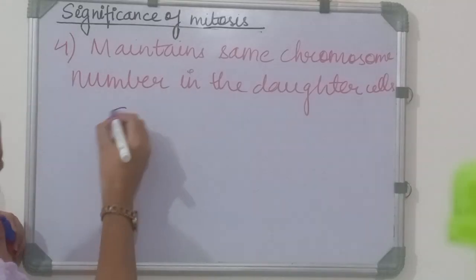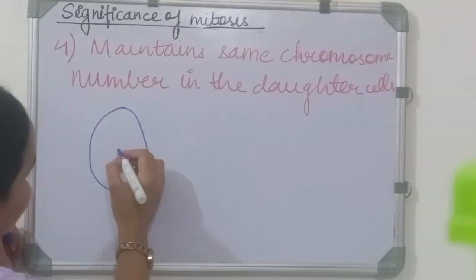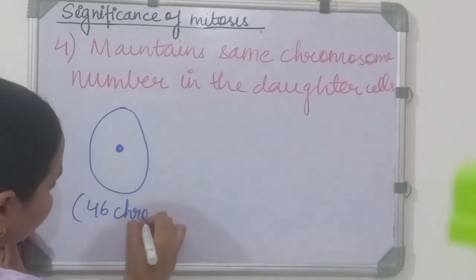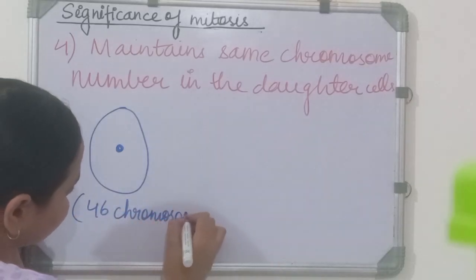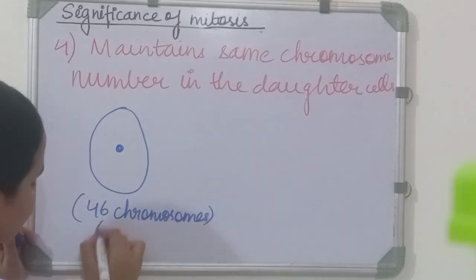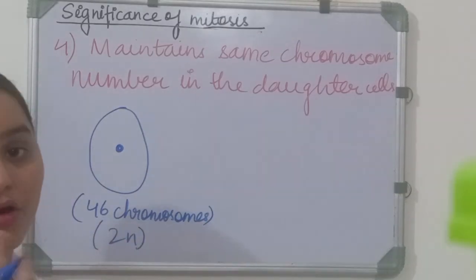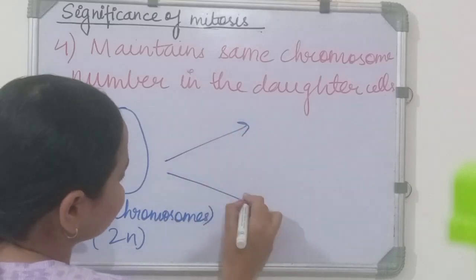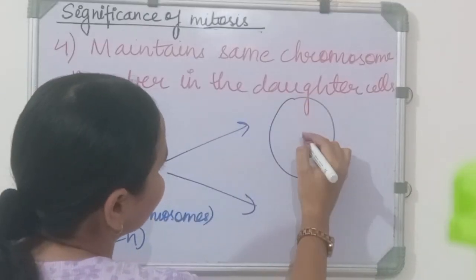Suppose this is our parent cell, and it has 46 chromosomes, which is also known as 2n or diploid. This parent cell after mitosis produces two daughter cells.